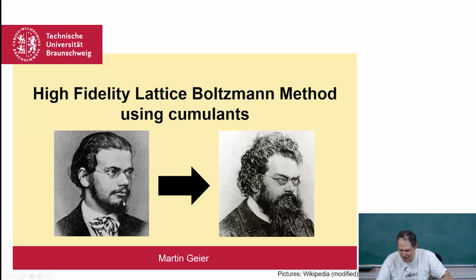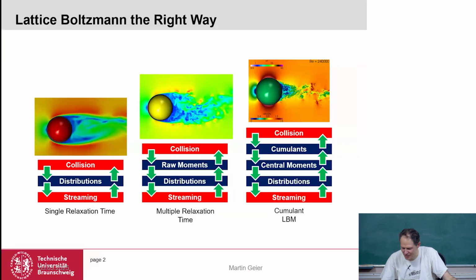This guy is not my grandfather, even though he looks like him. It is Ludwig Boltzmann, and the indication here is that there's a laminar Boltzmann and there's a turbulent Boltzmann, and we want of course to go to high fidelity, which means we want to go to the turbulent Boltzmann. Whether we can do this depends to a large extent on the collision operators that we are using.